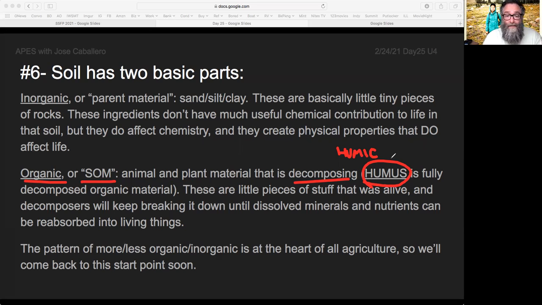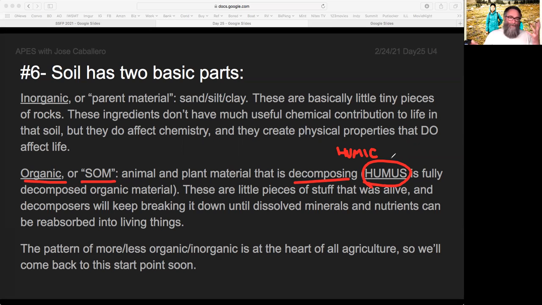The whole idea is if these pieces were useful to make a living thing, we take them apart and now we can use them to build another living thing, like Legos. Soil has little pieces of rock and little life Legos, right? Like pieces of life that are breaking down to be useful again.